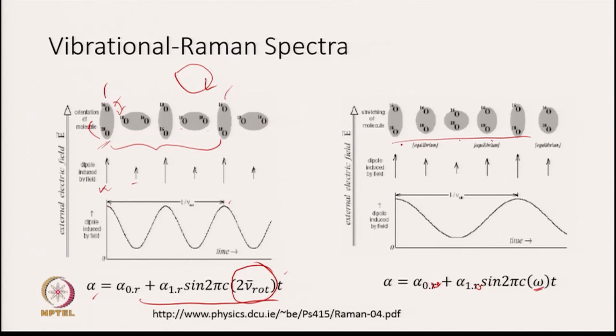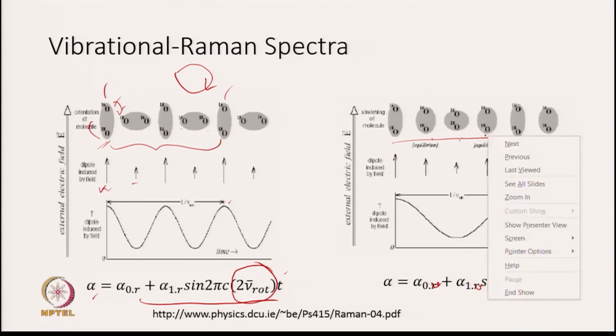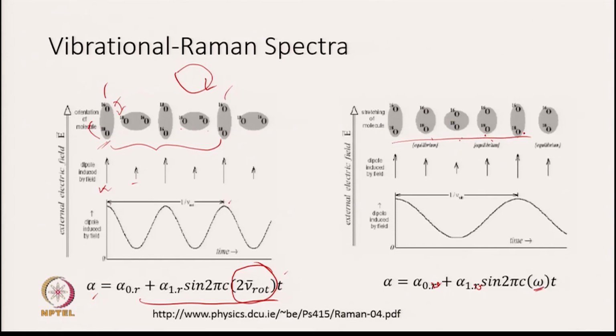So, you started with a stretching, you went to equilibrium position, you compressed it, you again went to equilibrium position, and finally this bond is stretched. So, now you have gone from this position to this position.